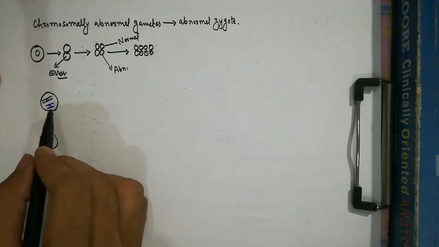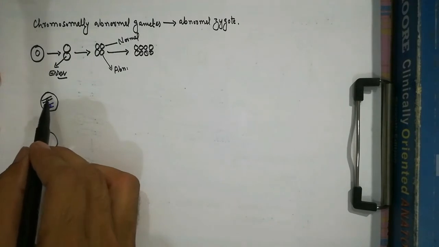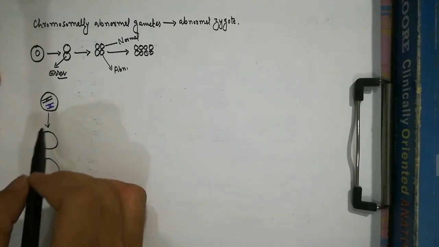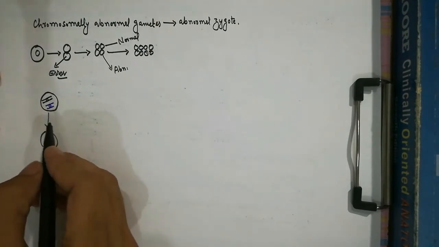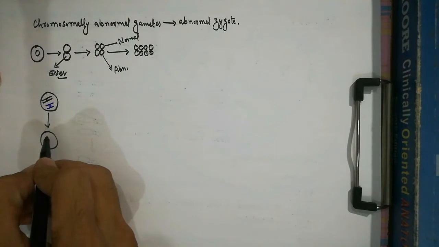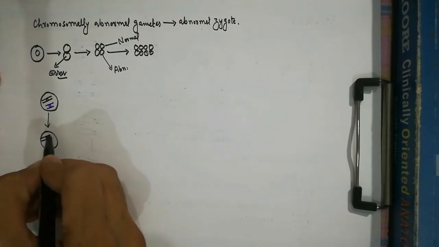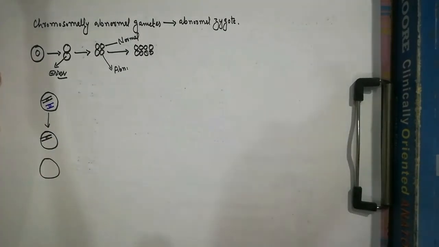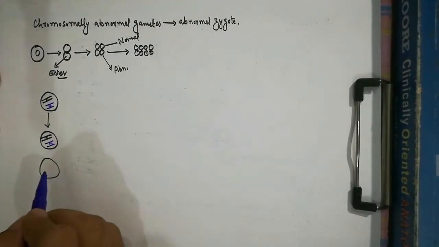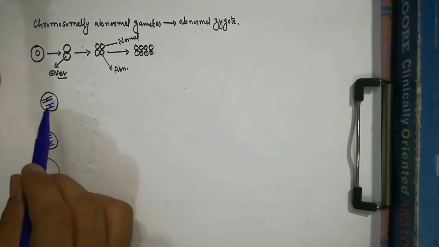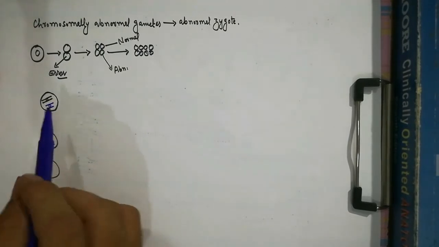But in case of meiotic non-disjunction, these two homologous chromosomes fail to separate, and both chromosomes enter one daughter cell. And the other daughter cell receives no chromosome from this homologous pair.